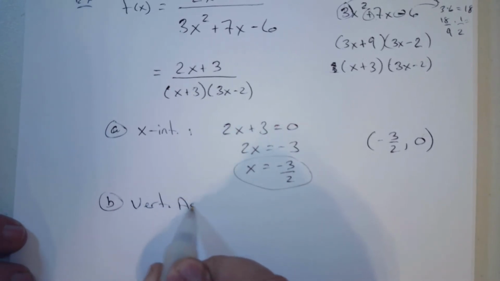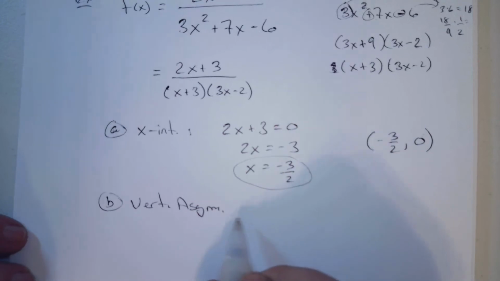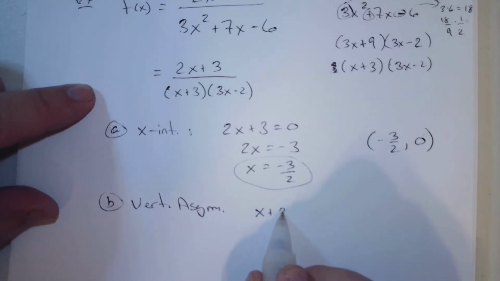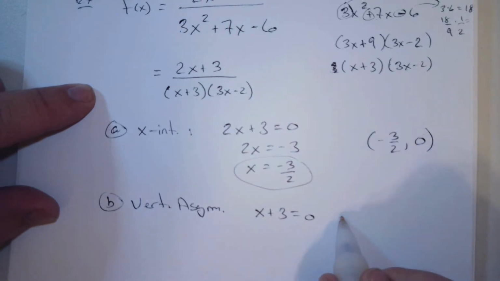The vertical asymptote: set the bottom equal to 0. So we have x plus 3 equals 0 and 3x minus 2 equals 0.